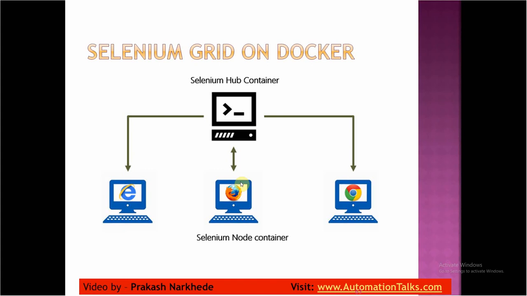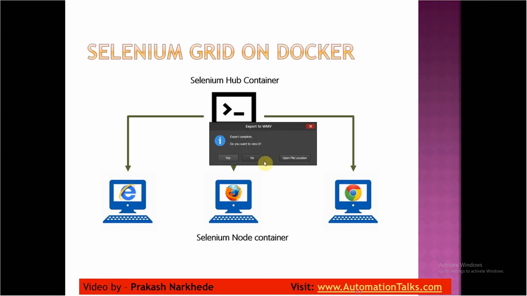In Docker terminology, we call every running application a container. So I have a centralized Selenium hub container, and then I have different Selenium node containers. I have some node with Internet Explorer, some node with Firefox, some node with Chrome.